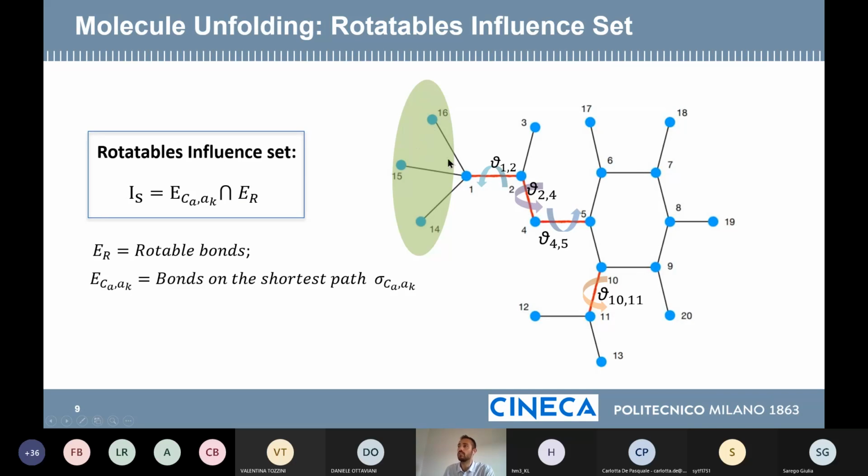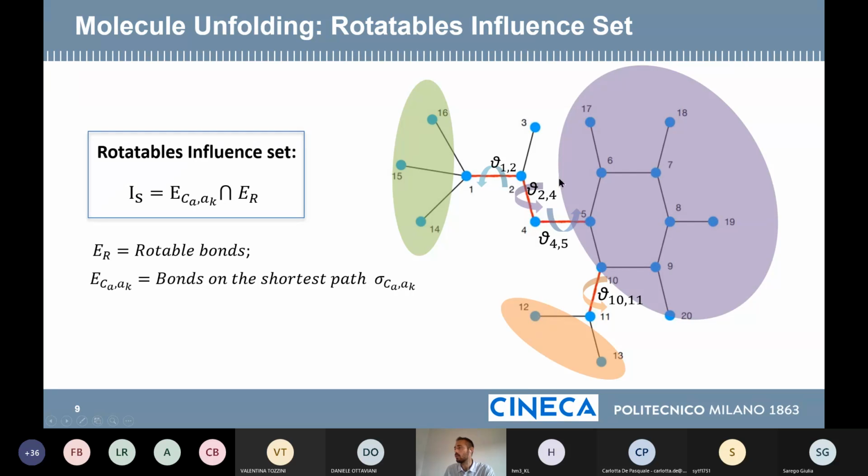If I want to consider the distance between 16 and 12, or from another atom inside this ensemble, since we've seen before that positions depend on the multiplication of the rotations associated with each torsion, each rotatable bond, this means that if I want to calculate the distance between 16 and 12, it's going to depend on all the different rotatable bonds that you have.